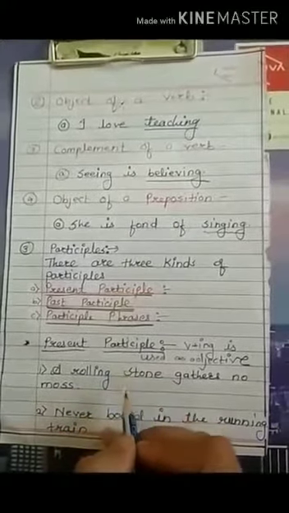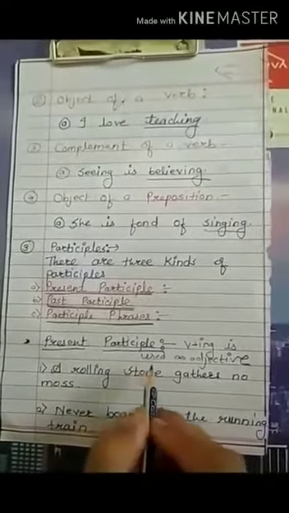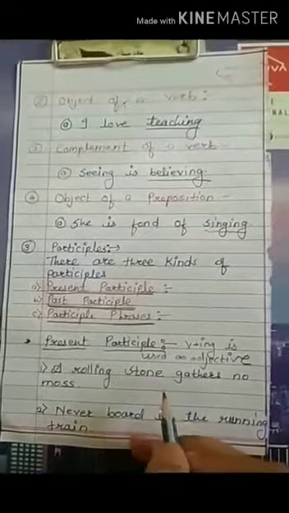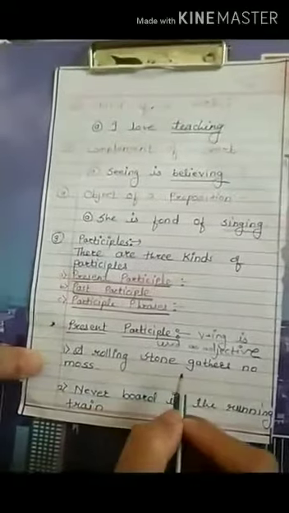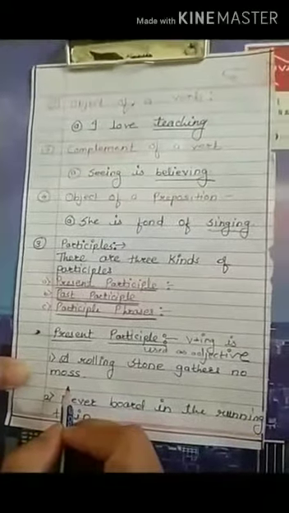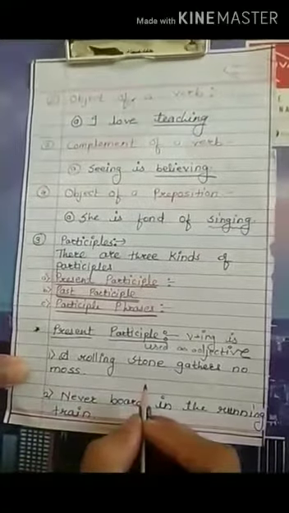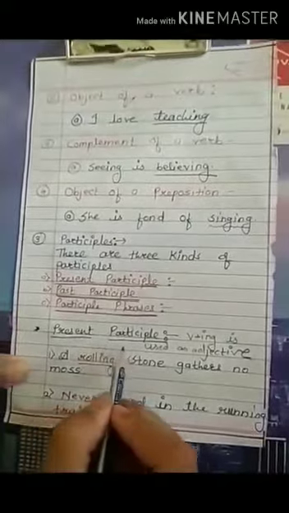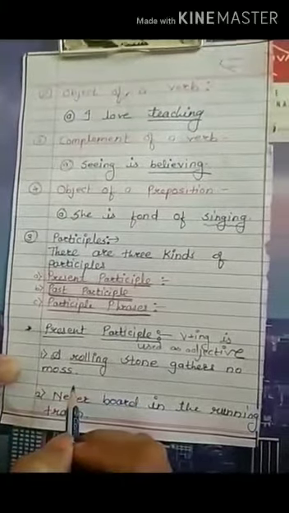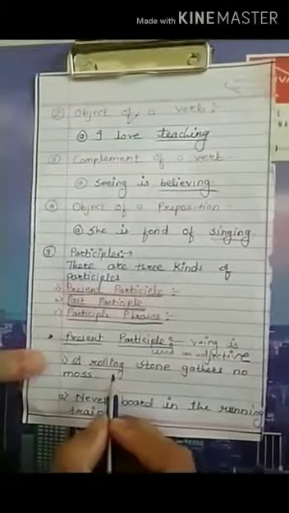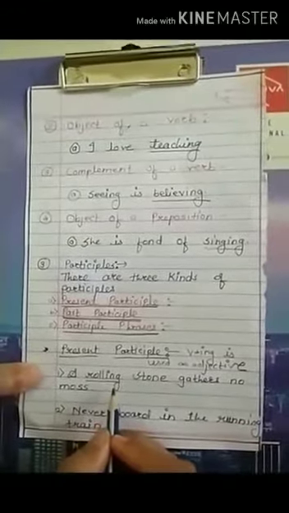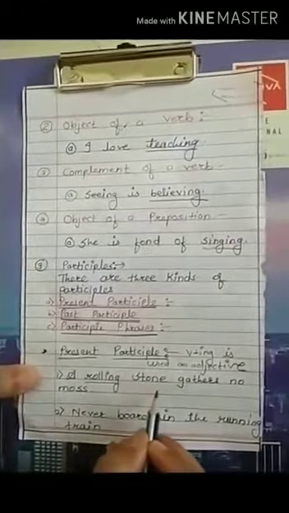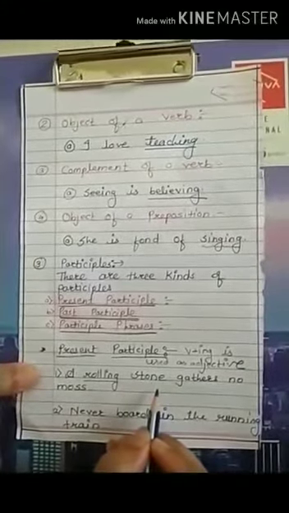Let us study some examples of present participles. A rolling stone gathers no moss. In this sentence, rolling is an example of present participle. Here, rolling is an adjective which qualifies the noun stone.